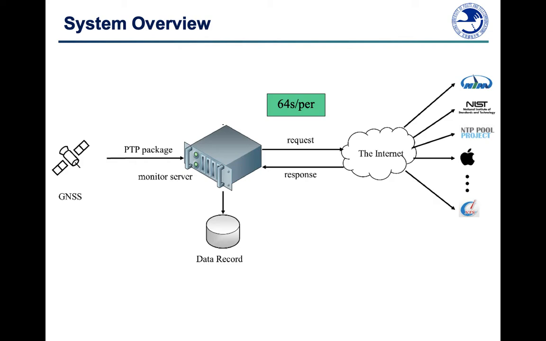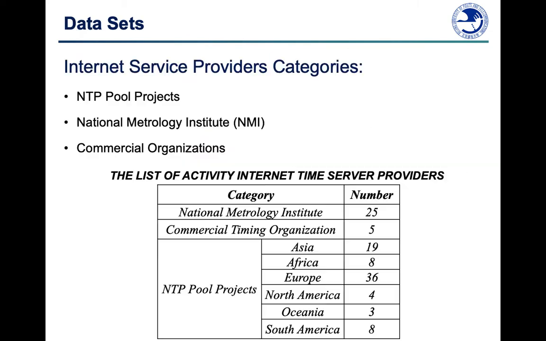The monitoring system is located at our campus in Haidian District in Beijing, China. According to the actual NTP implementation situation, the existing Internet time service providers are mainly divided into 3 categories, namely NTP pool projects, national metrology institutes, and commercial organizations.